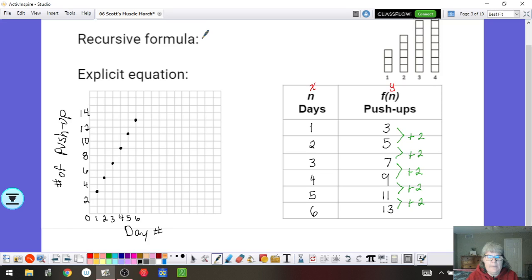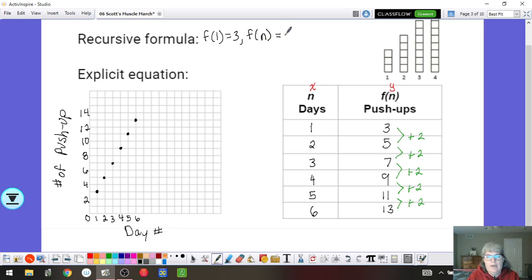I'm going to start by writing the recursive formula for this linear function. A recursive formula, you always start with what is the first value that we know of. So f of 1 equals 3. And then we write what we're doing to get each term.